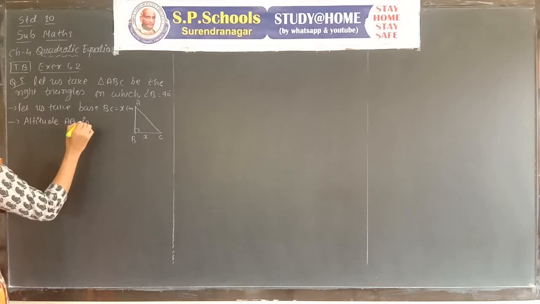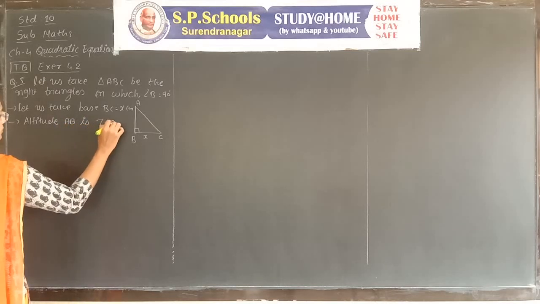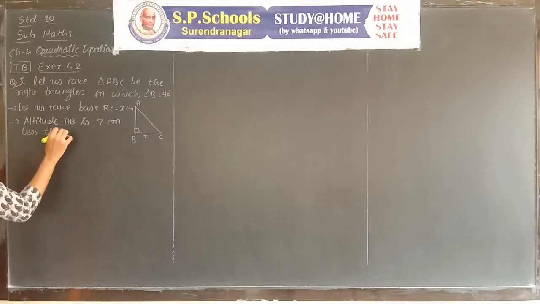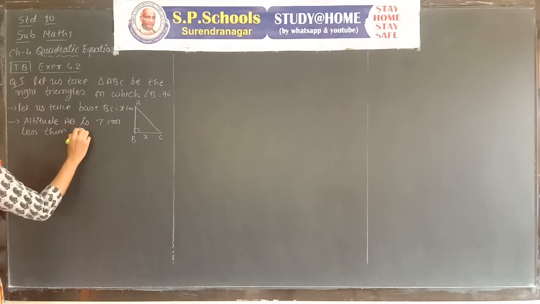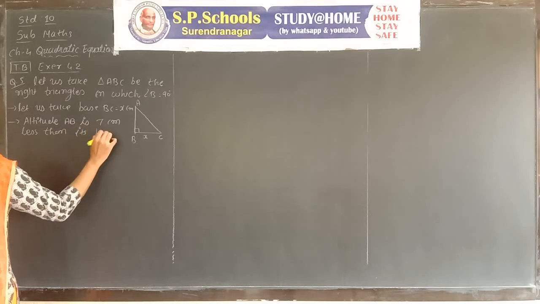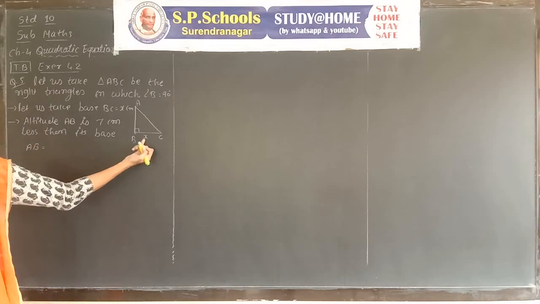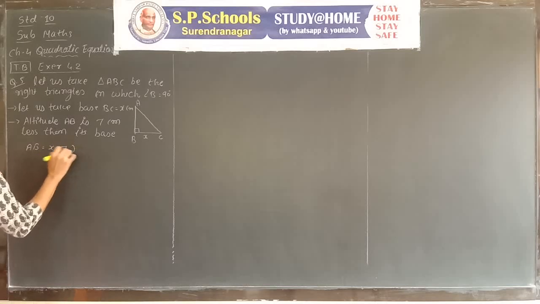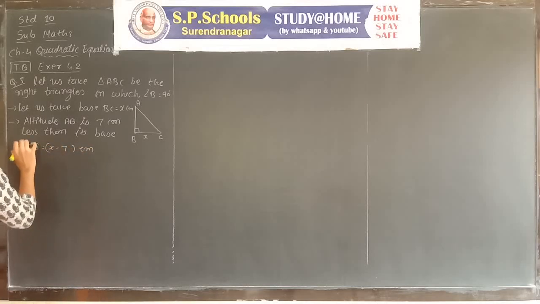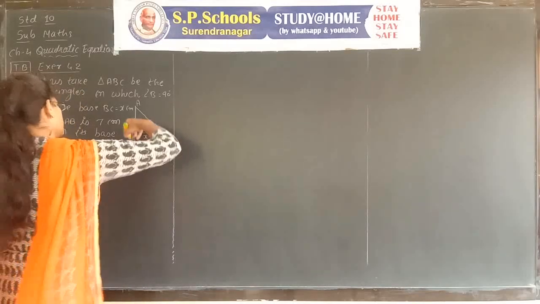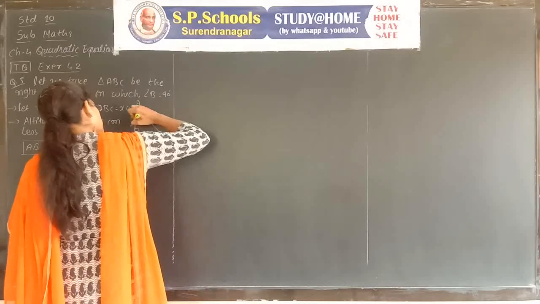AB is 7 cm less than its base. Therefore, the altitude AB is equals to 7 cm less than base, means x minus 7 cm. Here AB is equals to x minus 7 and the base BC is equals to x.